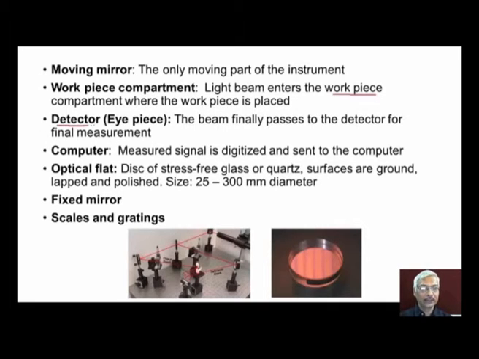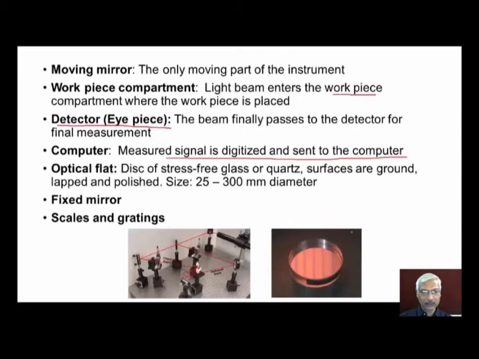A detector is mounted at the appropriate place of the interferometer so that we can observe the fringe pattern and count the number of fringes. Computers are used to measure the signal, and the measured signal is digitized and sent to the computer for processing of the information. And optical flats are used to have the interference phenomena, and fixed mirrors are also used to deviate the light. Scales and gratings are also used for measurement purpose.